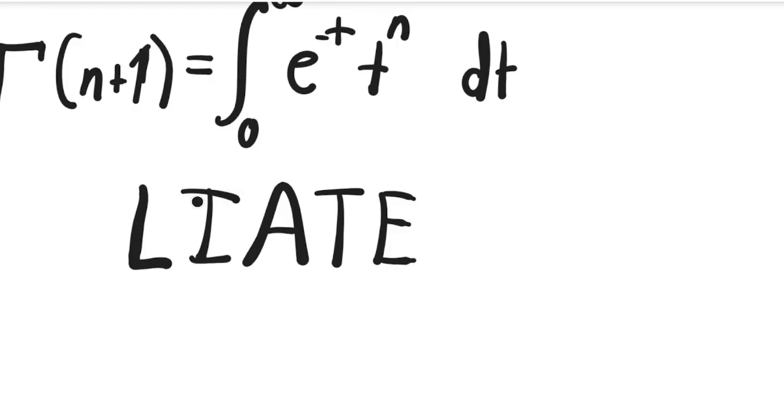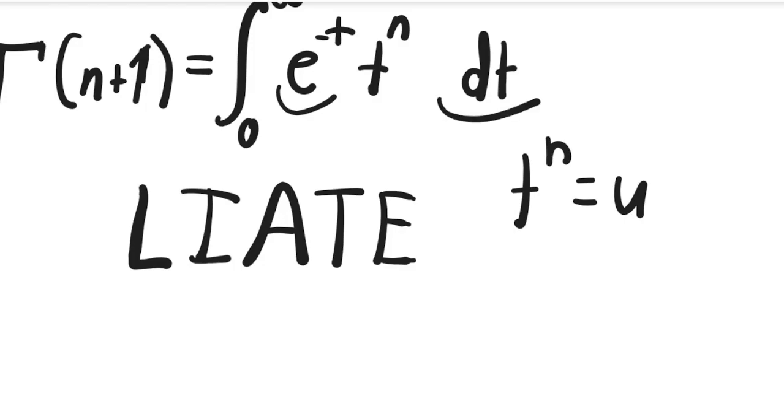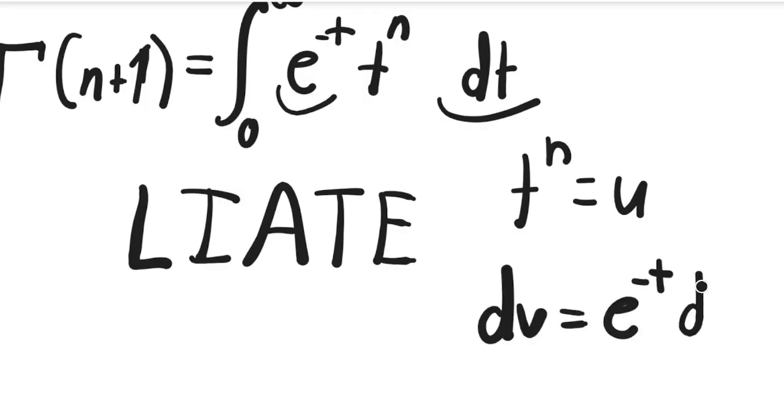Do we have an inverse function? No, we don't. Algebraic? Yes, we do have an algebraic term. So we are going to choose u equal to t to the n, and dv is going to be e to minus t dt.